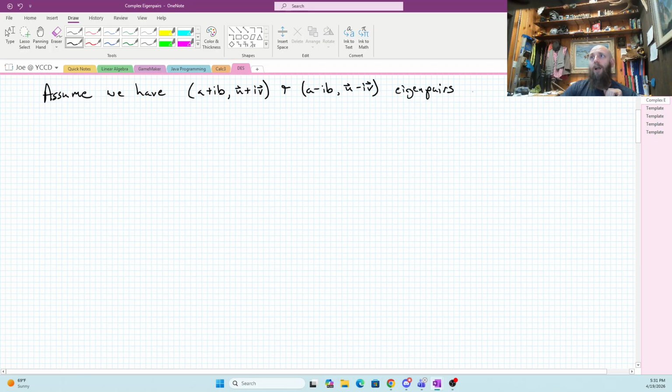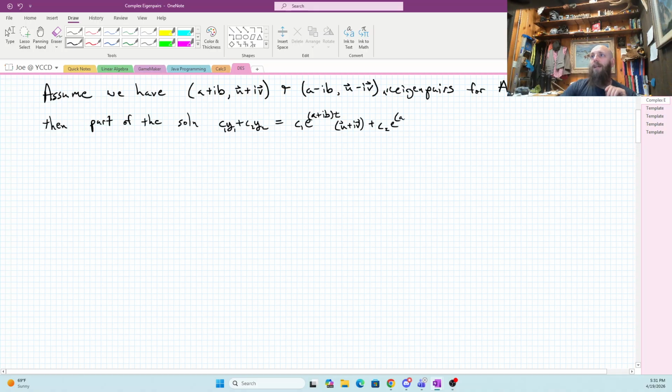So we're going to assume that these are eigenpairs for our matrix A. Then, part of the solution at least, I'm going to write it as C1y1 plus C2y2 should equal C1 e to the (a plus ib) times t times (u plus iv). This is just me plugging this into the same formula that we were using before.